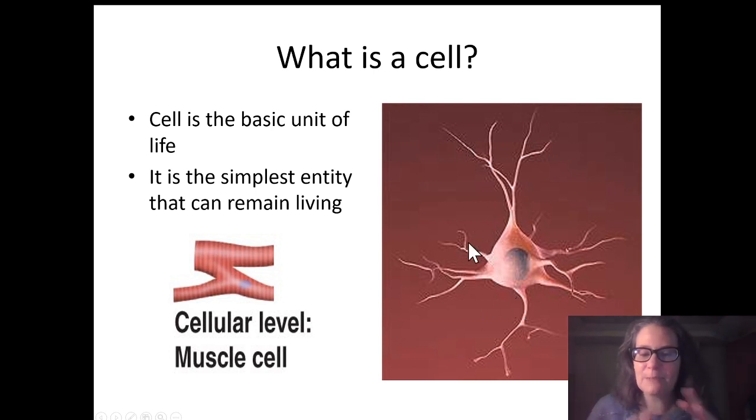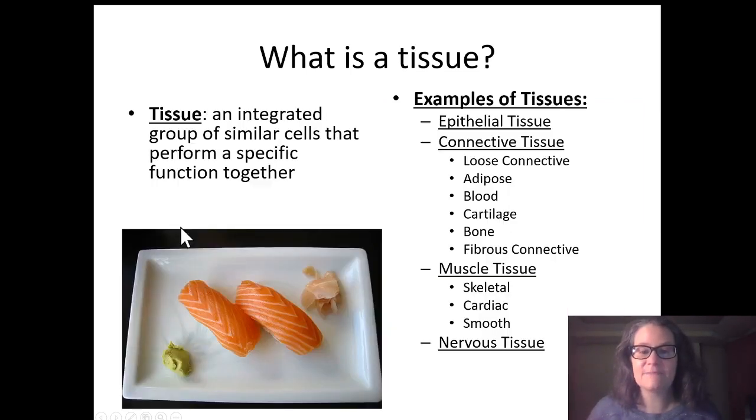It's got this very spider webby sort of extensions out of this cell body. And the shape of that particular cell enables it to collect information from all around the cell body so that it can make sense of pain, pressure, these kinds of sensory items that your body's going to take in to make responses for you. So even a nervous system cell has a particular shape. It's different than this muscle cell over here because they are doing different jobs for us.